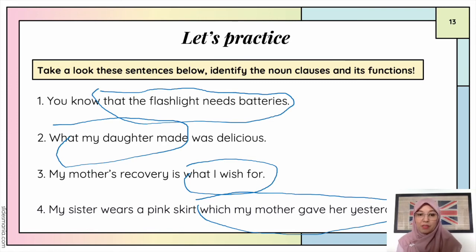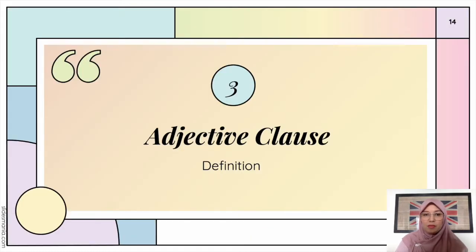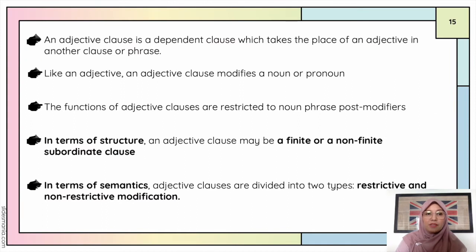We will talk about adjective clause. An adjective clause is a dependent clause which takes the place of an adjective in another clause or phrase. Like an adjective, a clause modifies a noun or pronoun.